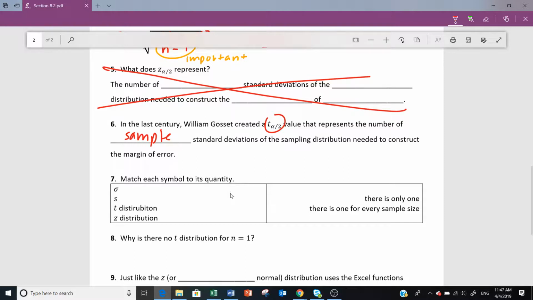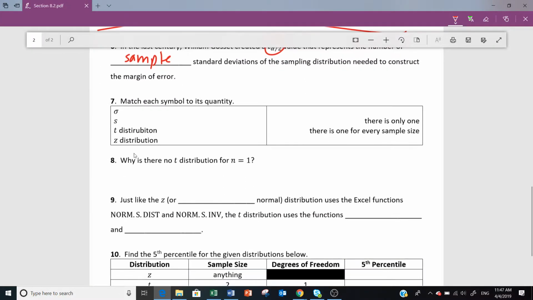But the problem with the T distribution, and I didn't spell distribution right here, just ignore that typo, is that there may be more than one standard deviation. Okay, let's go ahead and match each of these symbols to how many we think there are.